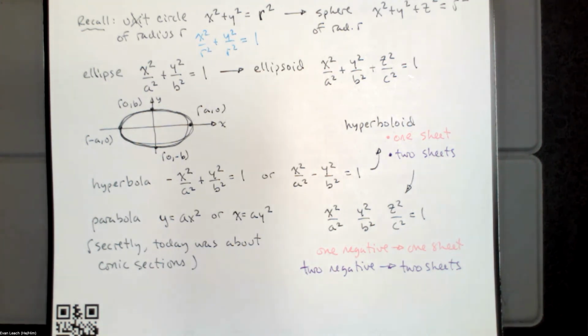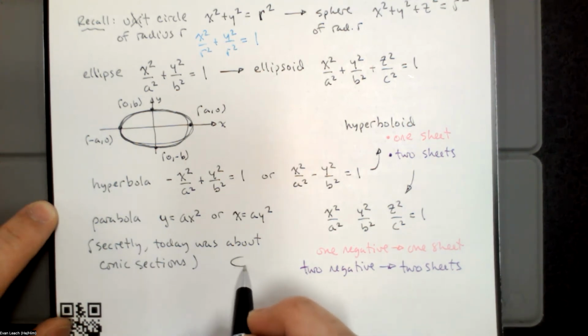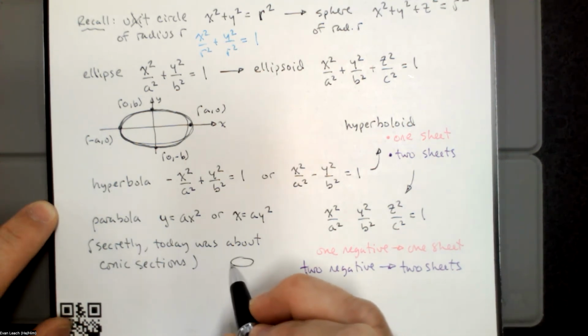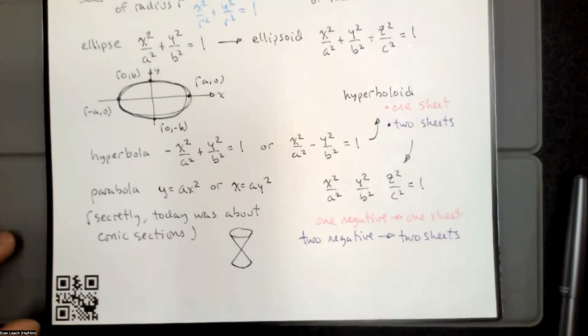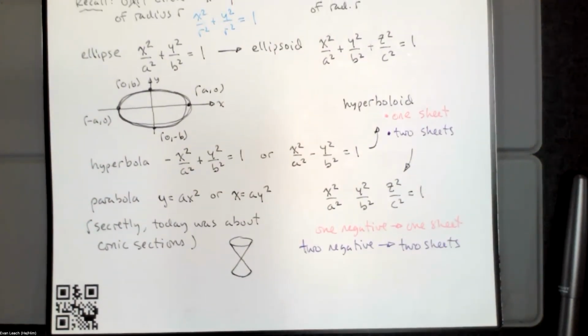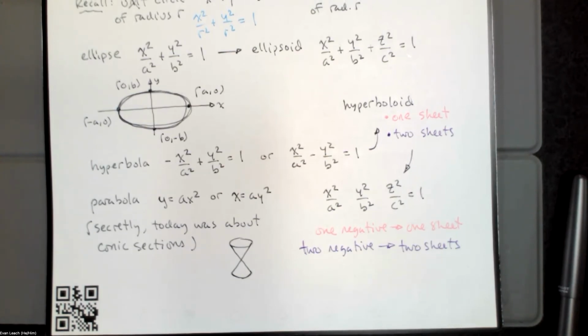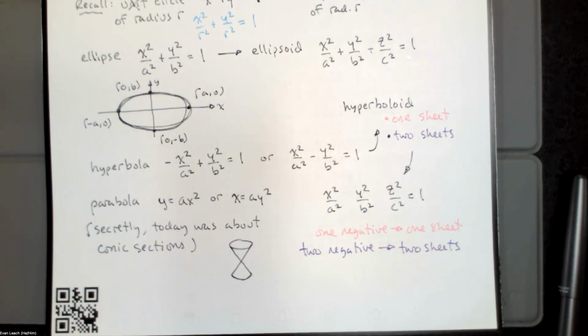So imagine a cone. And its mirror. Imagine a cone, not just a cone going up, but a cone going down as well. Depending on how we cut a plane through that cone, the intersection will produce one of these conic sections.